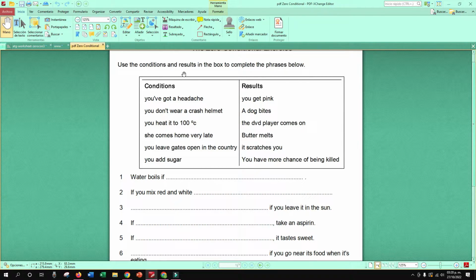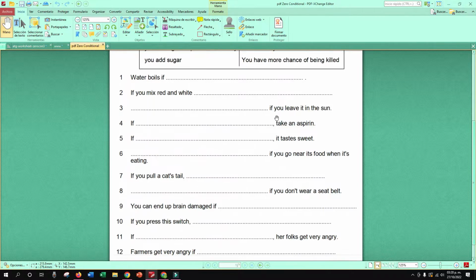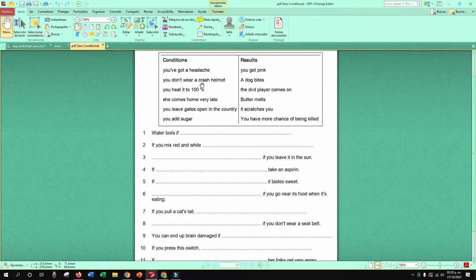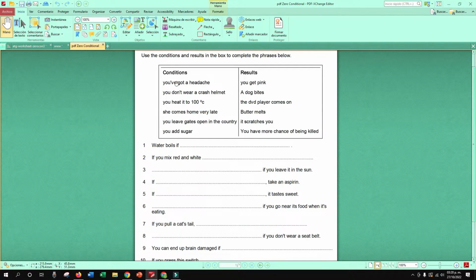So, use the conditions and results in the box to complete the phrases below. There you have 12 phrases, right? And here we have conditions. You've got a headache. You don't wear a crash helmet. You heat it to 100 Celsius, right? She comes home very late, right?